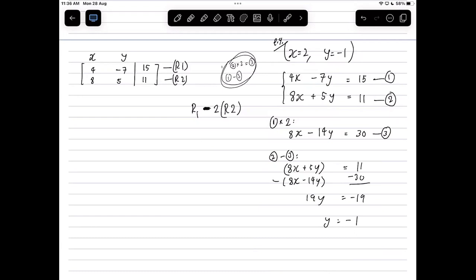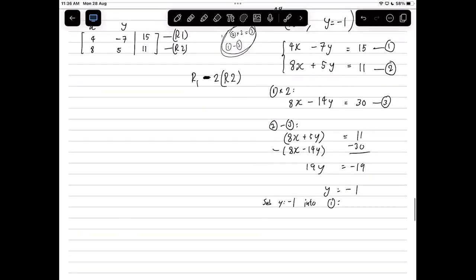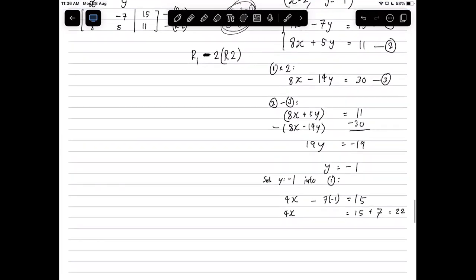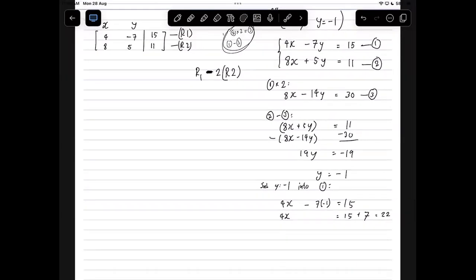So if you sub y equals -1 into equation, let's say 1, then this will give you 4x minus 7 times -1 equals 15. Therefore, 4x equals 15 plus 7, which is 22. I see wrongly.